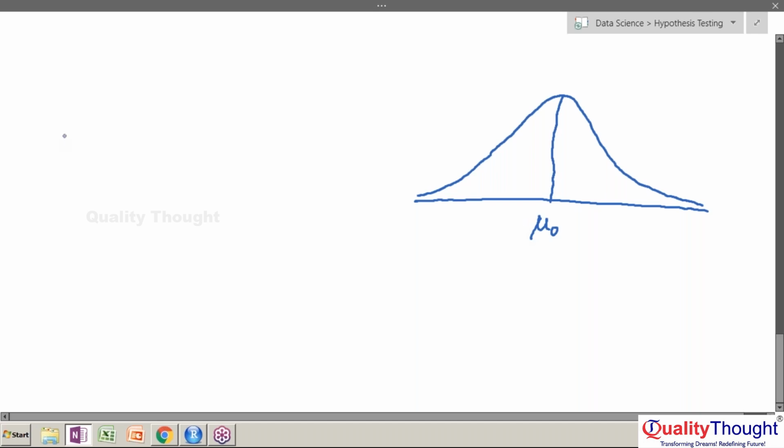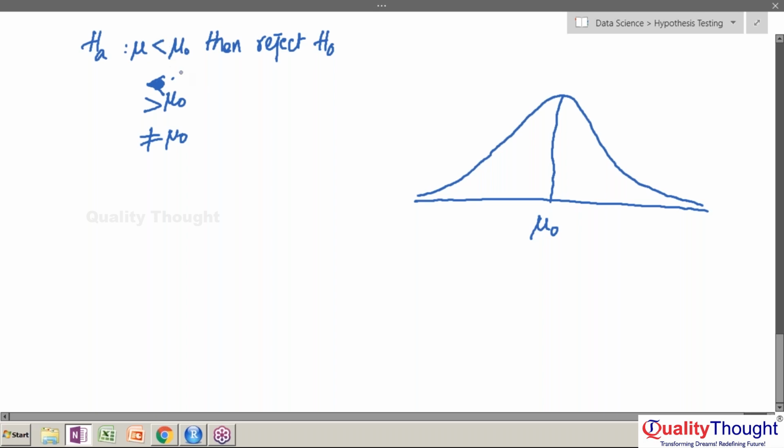So if the alternative hypothesis H A has something less than mu naught, then reject the null hypothesis. Why? Because there are 3 ways of rejecting the null hypothesis when your alternate hypothesis is mu less than mu naught, greater than mu naught, or not equal to mu naught.